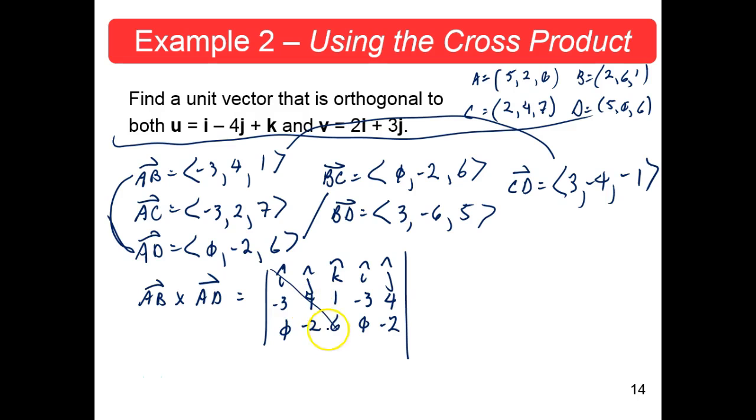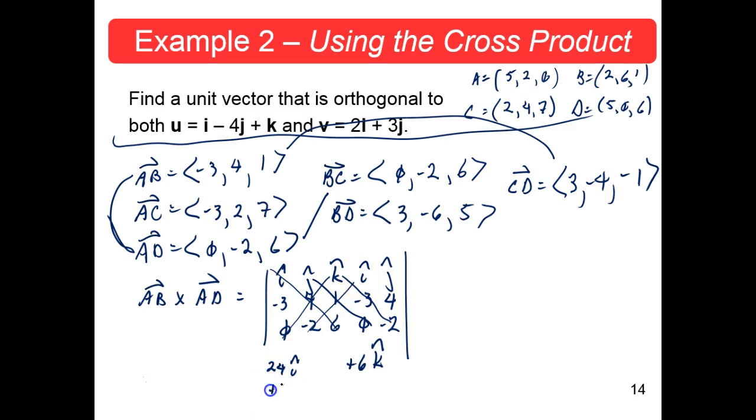Okay? That's 24I. Down diagonal here, 0J, because you're multiplying these together. Down diagonal there, plus 6K. The up diagonal here, that's a 0 for the K. Up diagonal here is a minus 2I, but because it's up, you negate that.